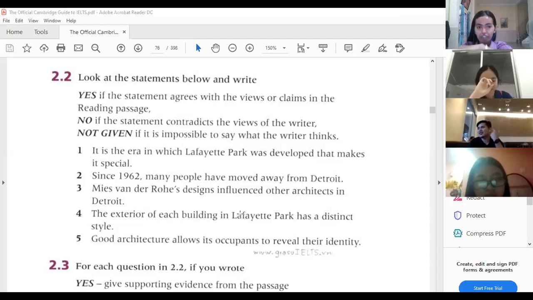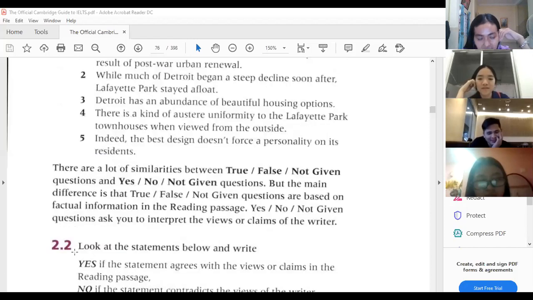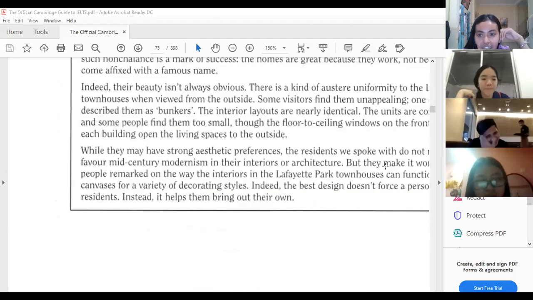So Kieng put not given, Bongkon put yes. So the question is, it is the era in which Lafayette Park was developed that makes it special. Let's check the text.